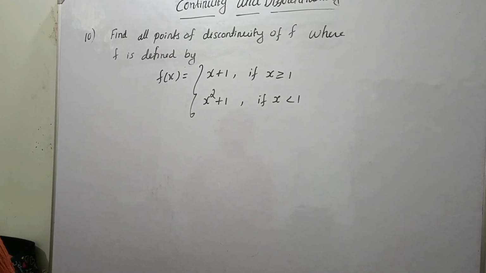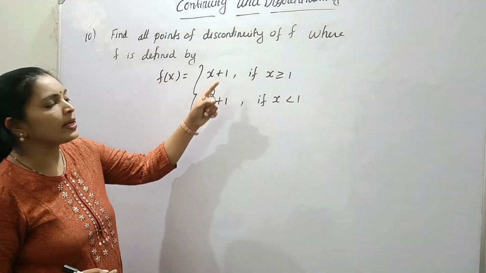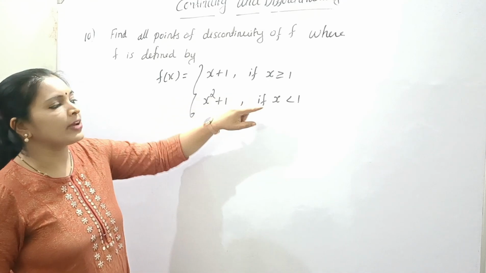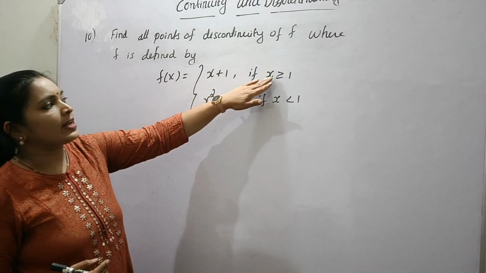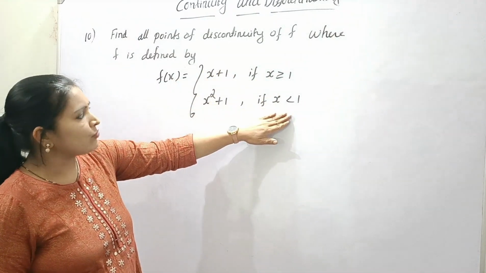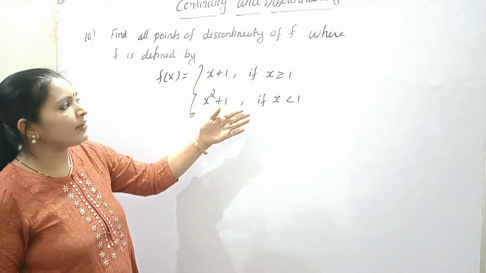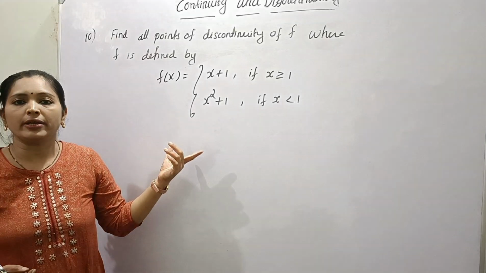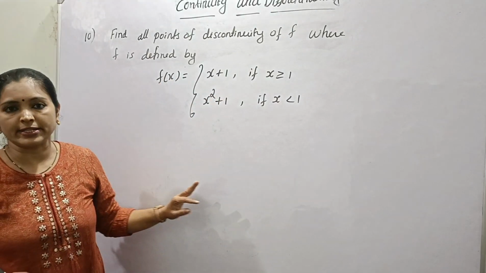Find the points of discontinuity of f, where f is defined by f of x is equal to x plus 1 if x is greater than or equal to 1, f of x is equal to x square plus 1 if x less than 1. Very simple. If x greater than 1, function is x plus 1, x less than 1, x square plus 1. Here for x less than 1 and x greater than 1, the function is a polynomial function. Therefore it is continuous at x less than 1 and x greater than 1.